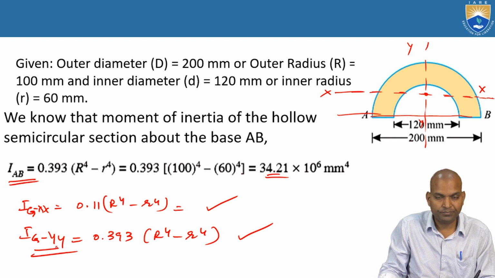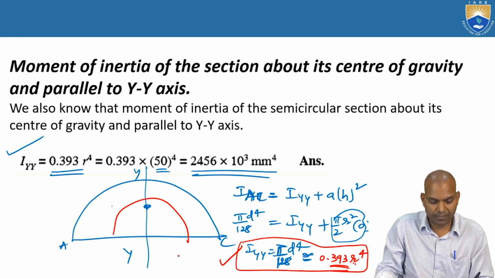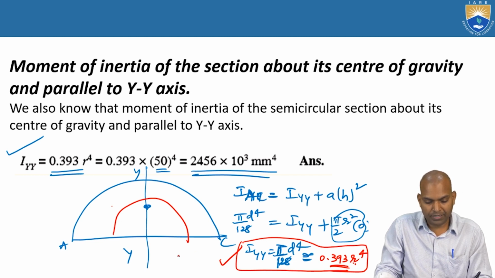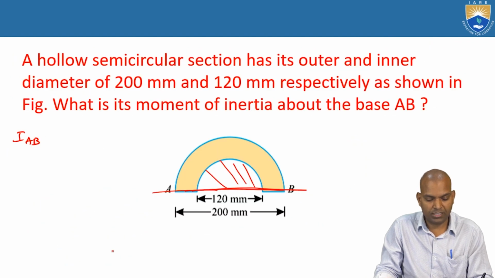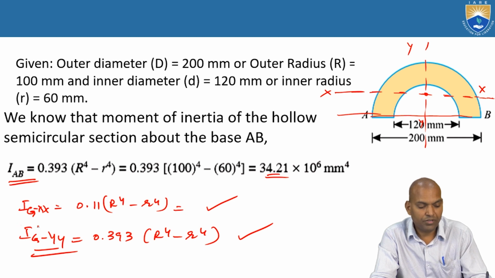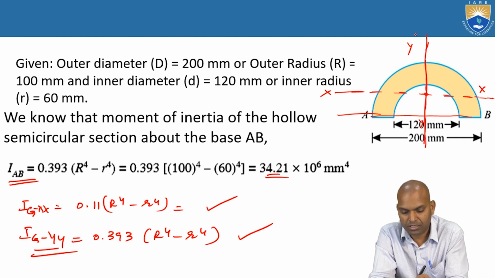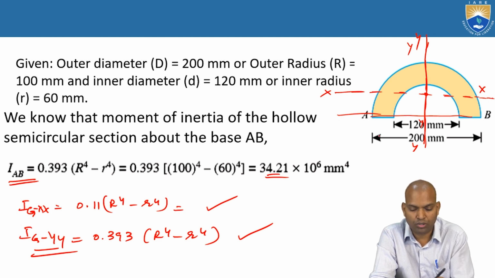Yes, it is a semicircle, as we derived the expression, 0.393 R power 4, and subtracting gives 0.393 times (R power 4 minus r power 4). The conclusion is that I_GYY, the moment of inertia about the YY centroidal axis, is equal to I_AB.